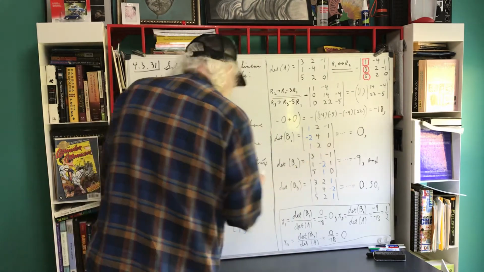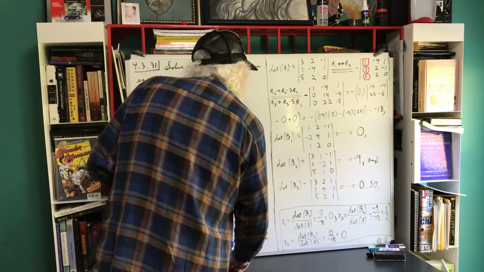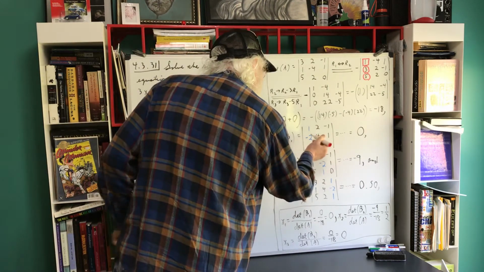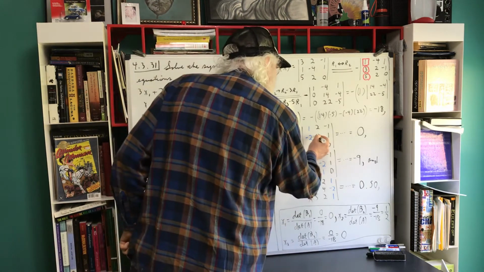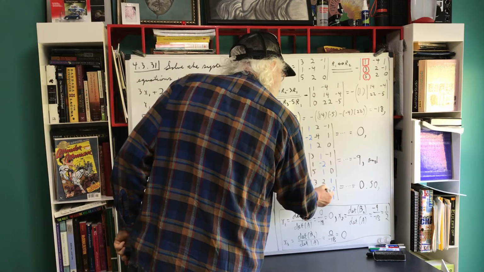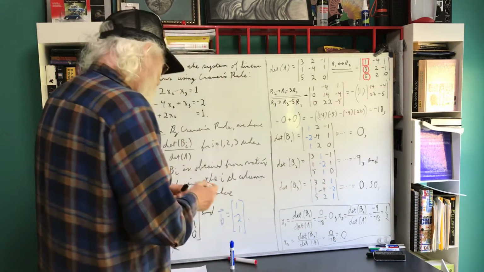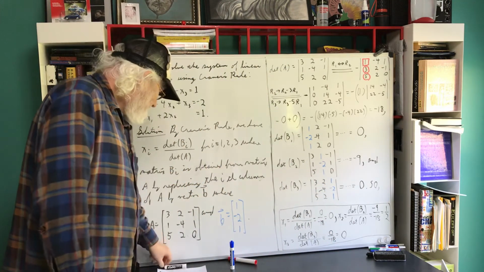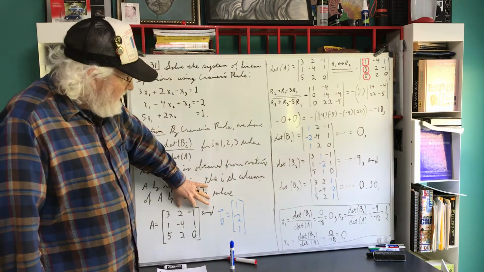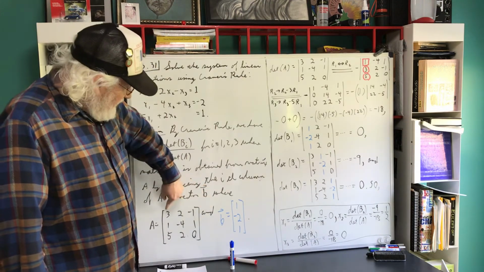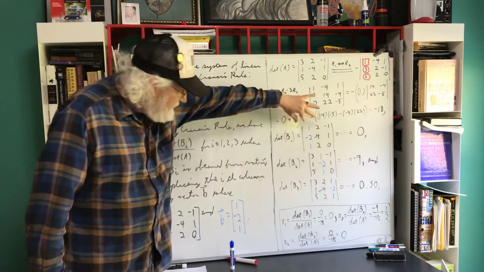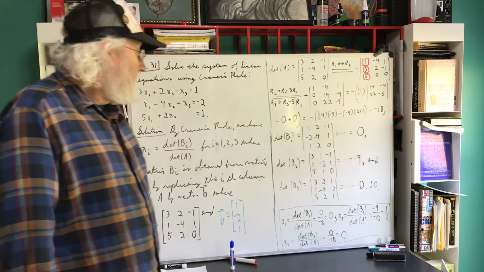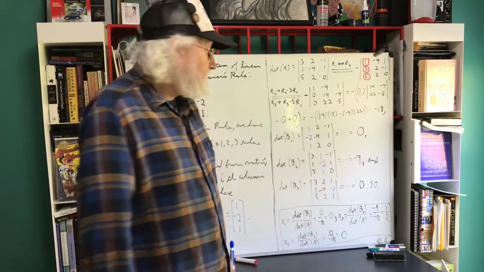That entry should be a negative 4 here and a negative 4 here. Okay, so we got it right now. First column, column vector B. Second and third columns the same as matrix A. Let's take a determinant of that.